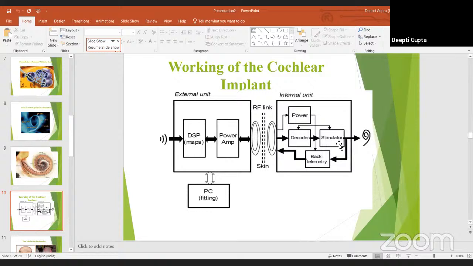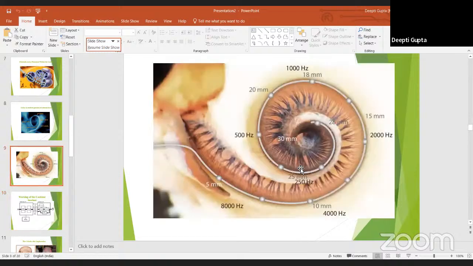As I have told you, in total we have 16,000 hearing cells, and maximum we can have 12 electrodes physically now. So we have to divide all these frequencies. As I have told you, for the cochlear implant purpose we have taken from 250 hertz to 8,000 hertz maximum.